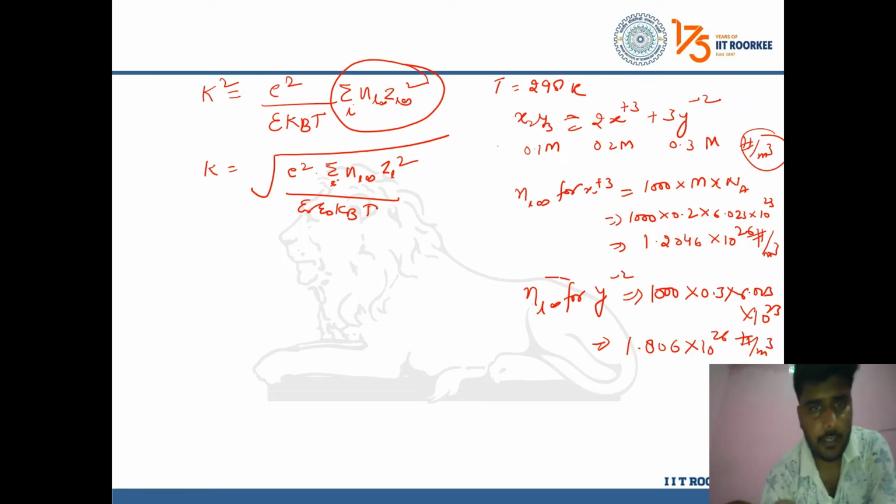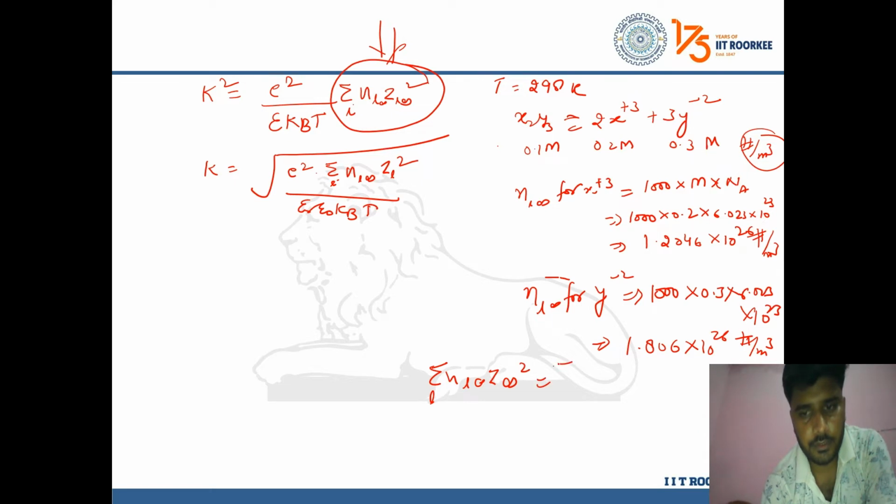If I calculate this term as a whole, expanding it: for X with charge plus 3 it will be 1.2046 times 10 raised to 26, and the value of z is plus 3, squared.